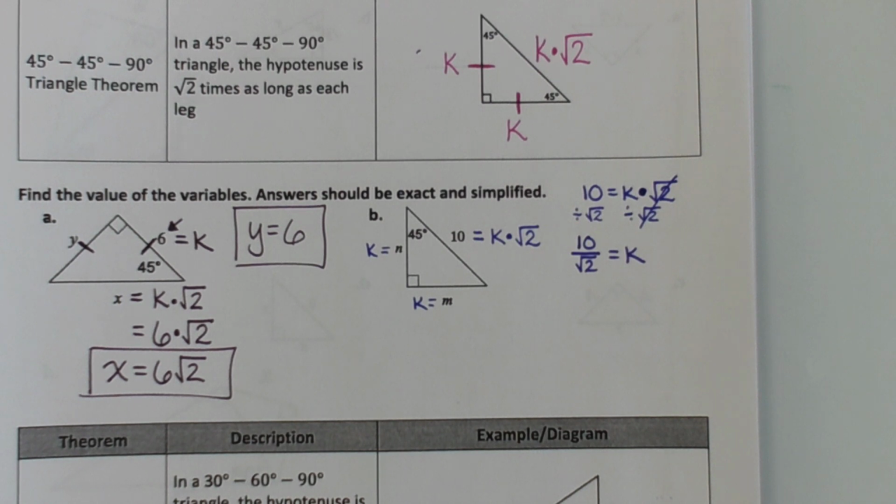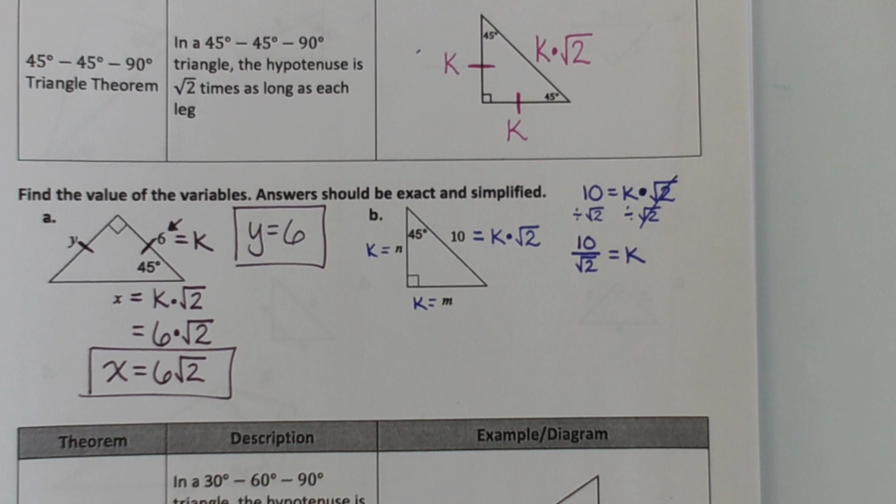Now, in theory, I have k alone. The only thing I have to make sure is that k is simplified. Can the square root of 2 divide by any perfect squares? No. 2 does not divide by any perfect squares. Can I leave square roots in denominators?